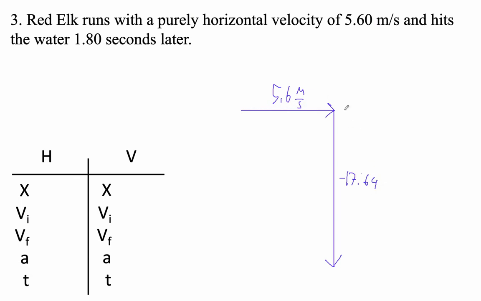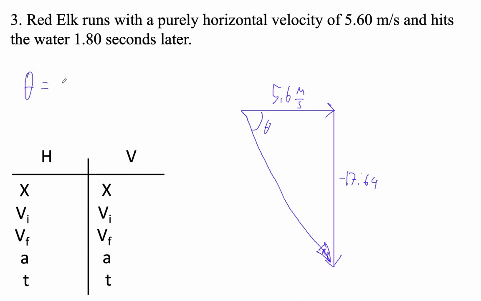Remember to draw them tip to tail, with the tail of the y component sprouting from the tip of the x. You can do it the other way, but I'm just trying to be consistent here. Make sure you use arrows. So the x component's an arrow, the y component's an arrow. And then be sure to label which angle you're finding. I always find that one.